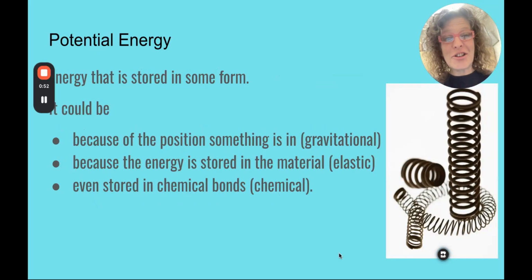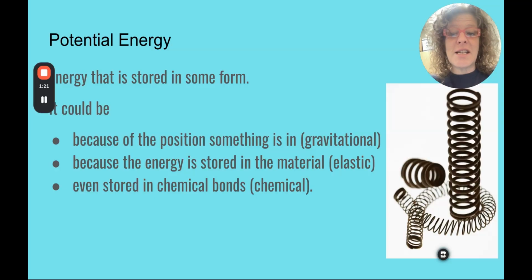Okay, potential energy, we store energy in a whole bunch of different forms. So potential energy is just energy that's stored in some form. And there are a number of different kinds of potential energy. Sometimes we've got energy stored in something because it's sitting up somewhere and it could fall. The position it's in, that's gravitational potential energy. Sometimes we store energy in the material itself, like a spring or a bungee cord.